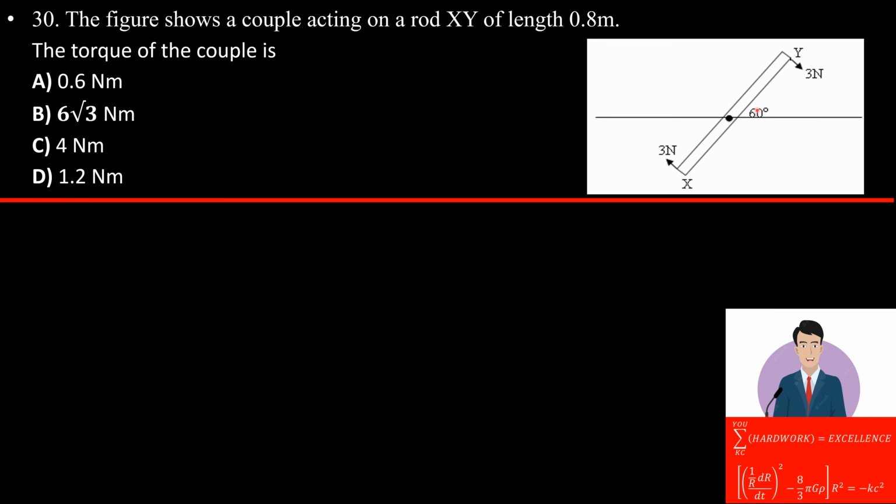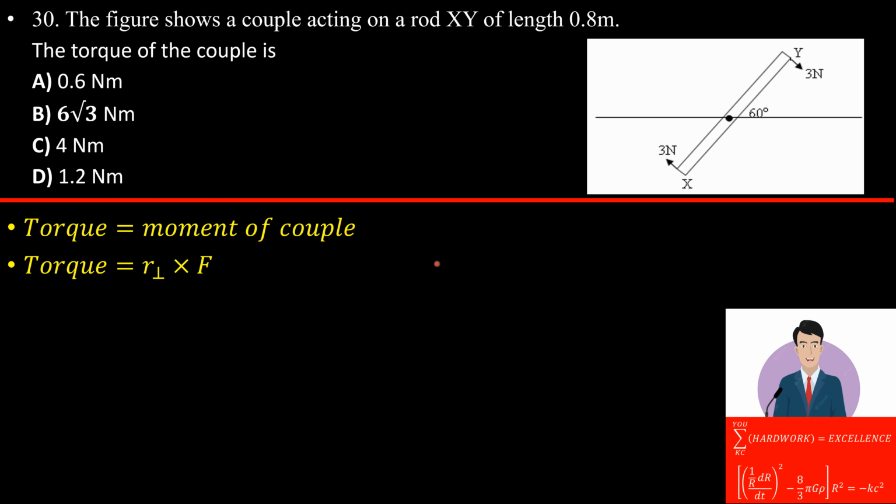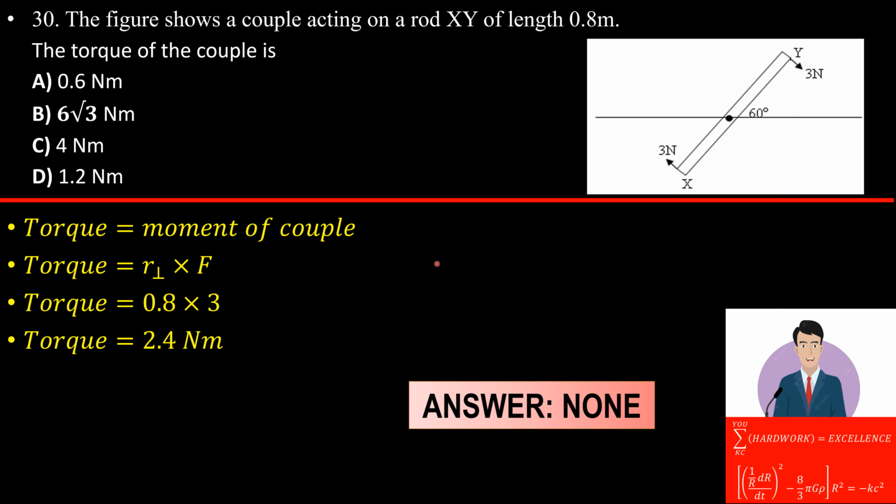But if this angle here was the angle between the beam and the force, then clearly the force and the beam are not perpendicular. So you would have to find the perpendicular component of this force about the length of the beam. All right, and so in this case we'll just have to multiply by 0.8, right? Because I mean it's not well drawn. The problem has a problem really. So we have the answer to be 2.4 newton meter, but there's no answer there. All right.